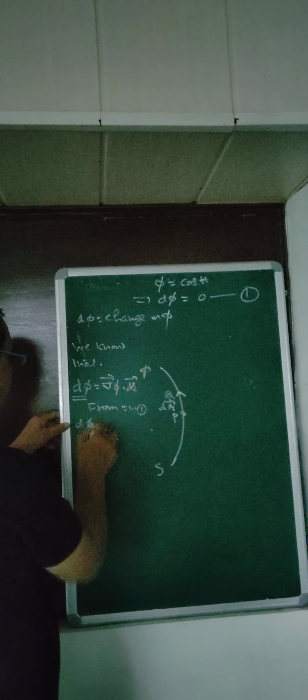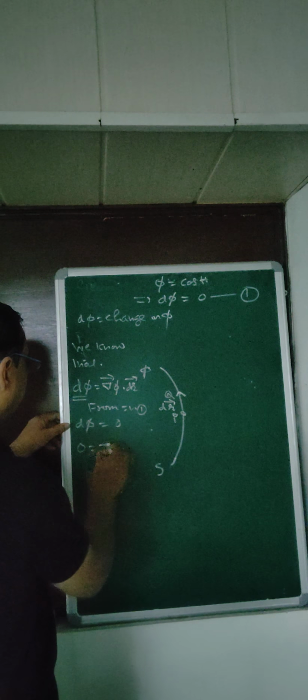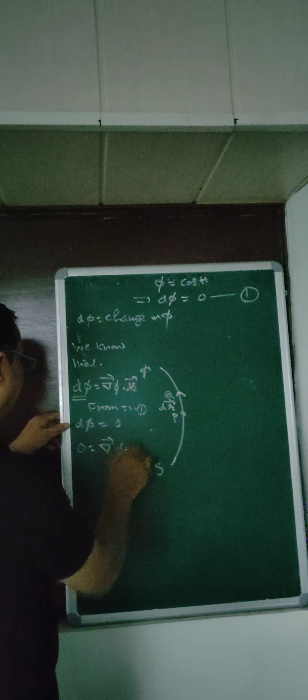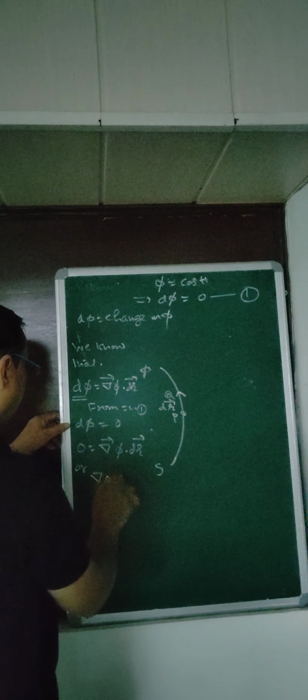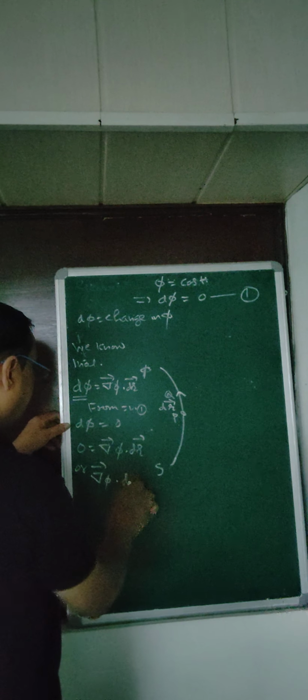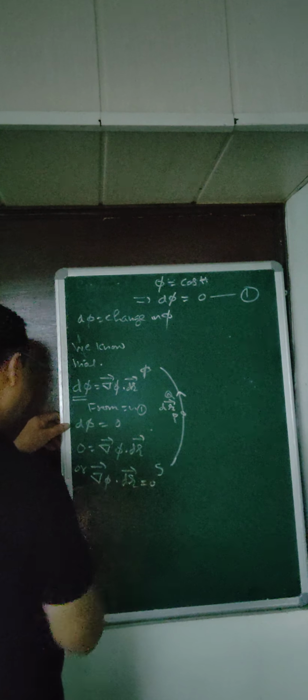From equation 1, d phi is equal to 0. So put 0 here: 0 is equal to del phi dot dr, or del phi dot dr is equal to 0.